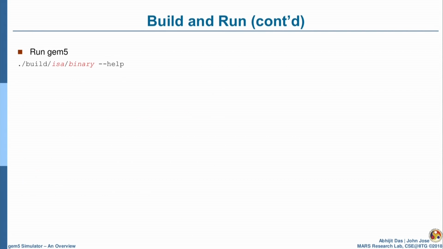Now going back, we can run a command like this to get the help available with gem5 binaries. For example, we can use this command to see what are the available help options with the gem5.opt binary.